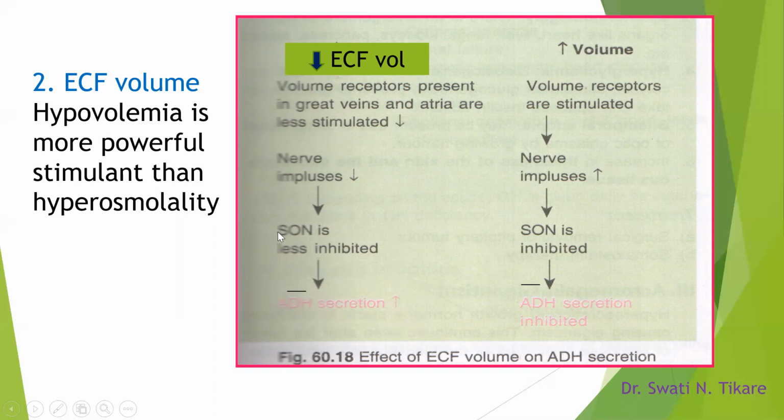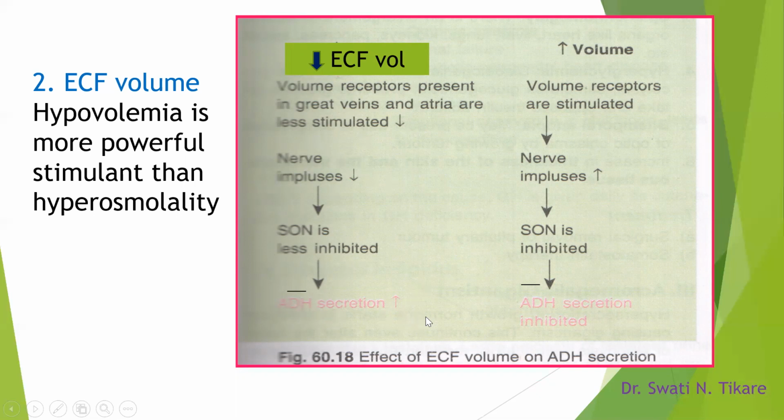The normal idea is that the supraoptic nucleus is always inhibiting ADH secretion. But now that there are no impulses, its inhibition is reduced, so ADH secretion is increased. If you can remember this, it is well and fine. If not, you can directly write it as decreased nerve impulses reach the hypothalamus and hence ADH secretion is increased.